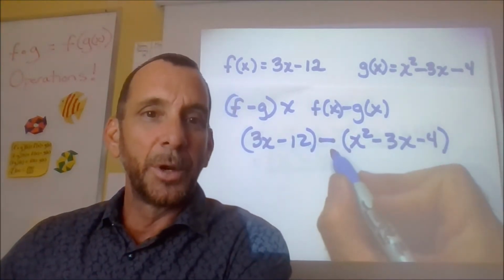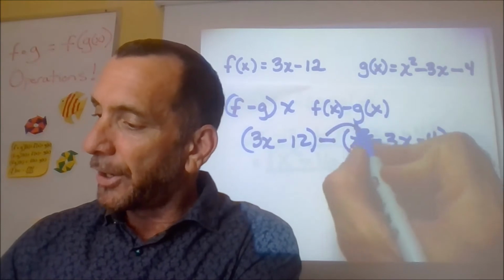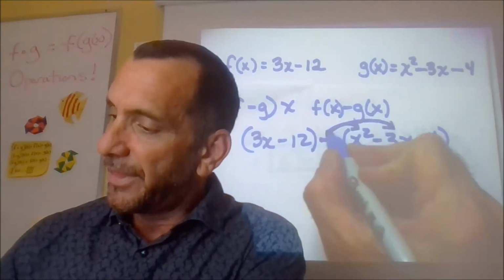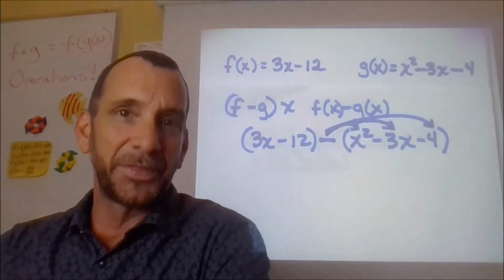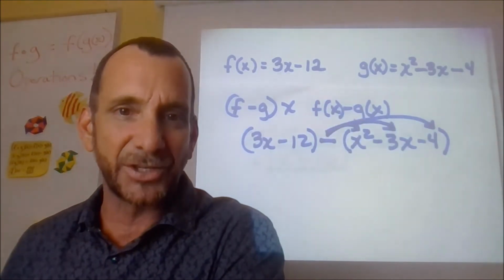And when we subtract an entire quantity, we might want to remember to distribute that negative. And really what that does is it changes the sign of everything after this subtraction.